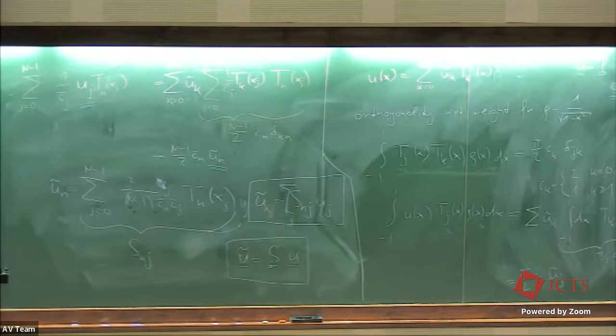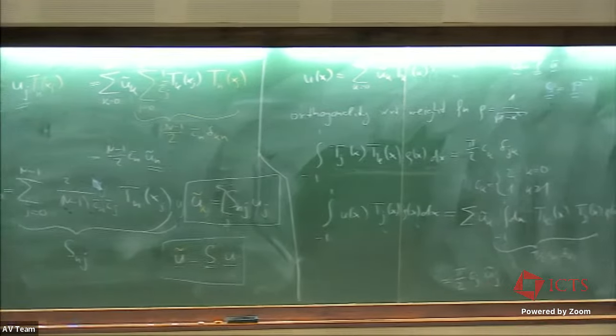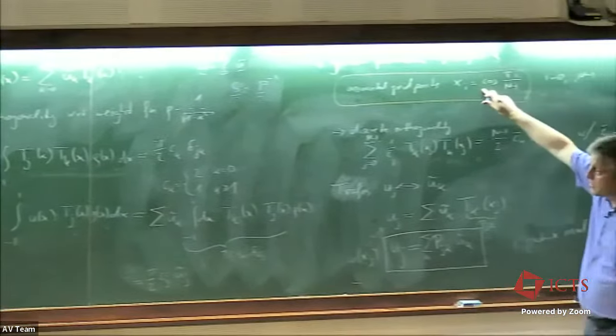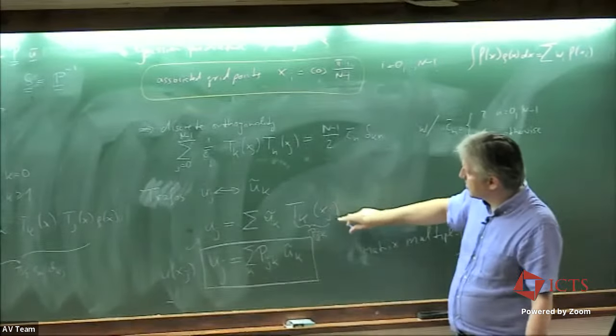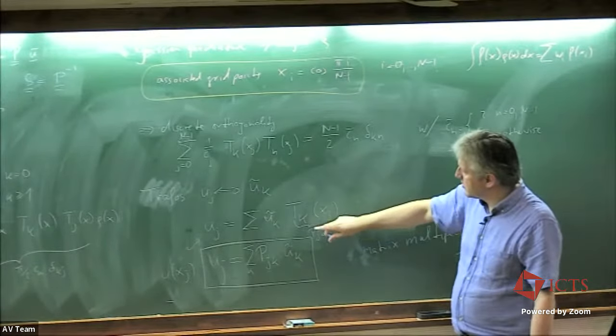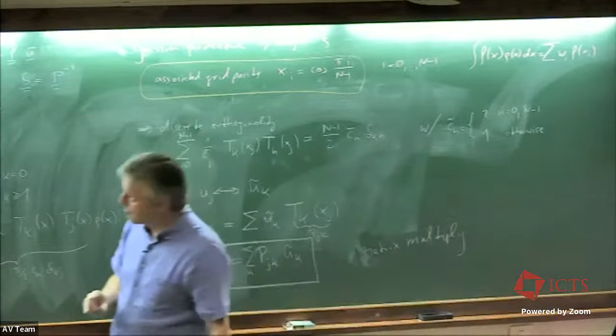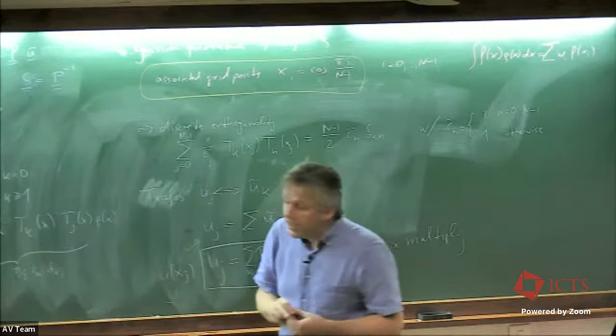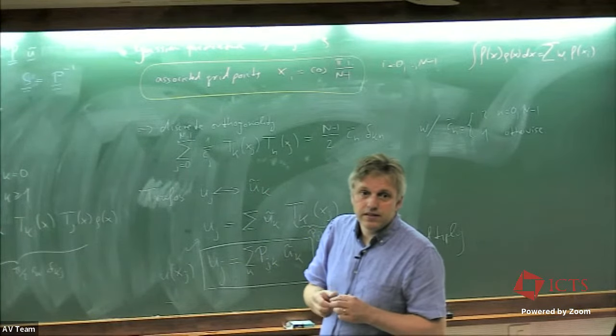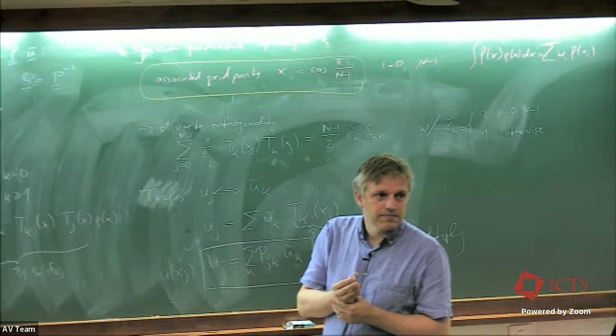We know the matrix that gets us from coefficients to real space. And we know the grid points we should be using. And these x_i's or x_j's are the ones you need inside your matrices when you're evaluating the matrices P and S. The last piece of the puzzle that's still missing is, how do we now take derivatives?